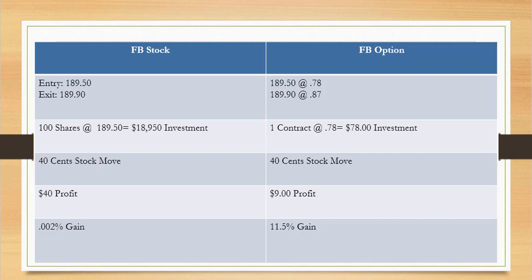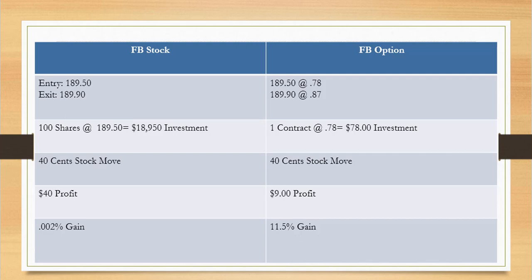Now let's take a look and see what the difference would be had I purchased Facebook outright. Let's say I would have purchased 100 shares of Facebook at $189.50 and then sold those same 100 shares at $189.90. I would have actually ended up making a 0.002% gain, which would have equated to a $40 profit with almost a $19,000 investment.